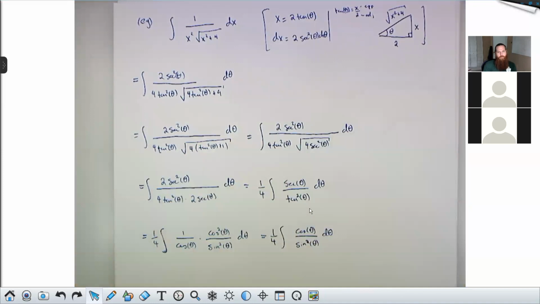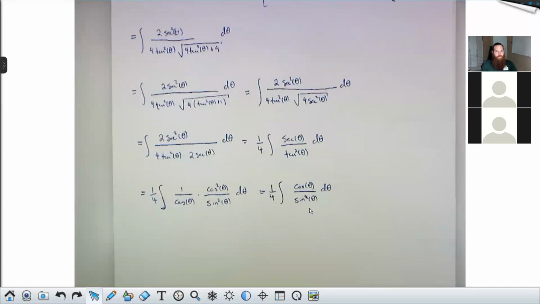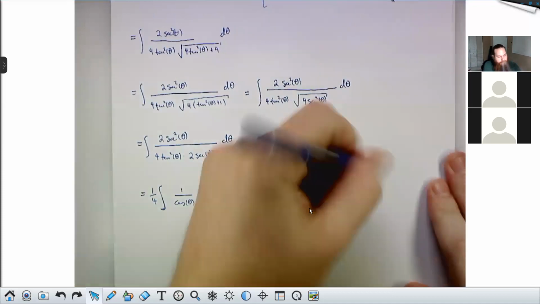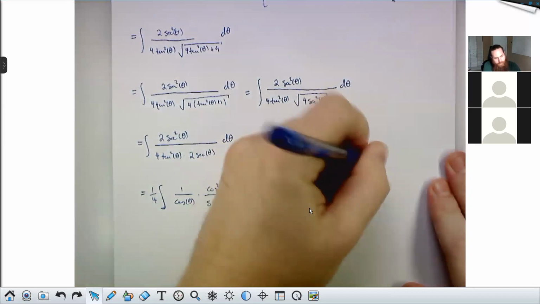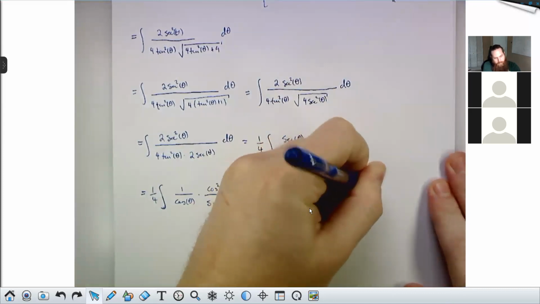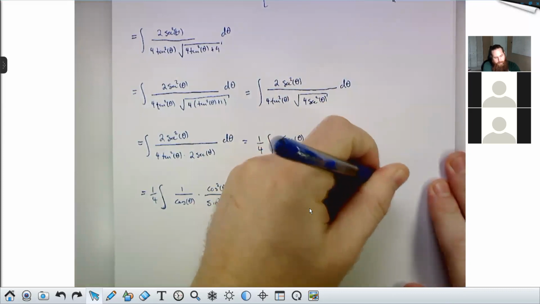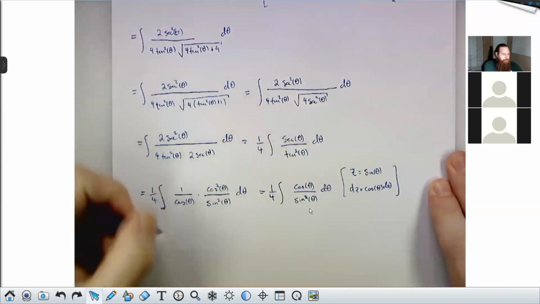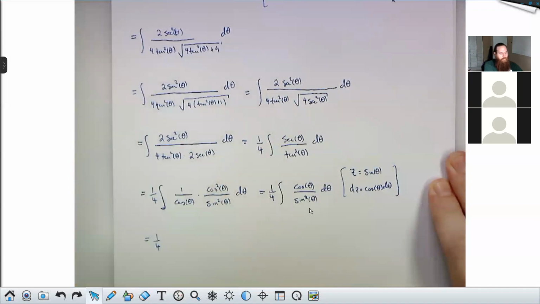And there's more than one way to finish it from here. Anybody see anything that could work? So at this stage, I could do a z sub for sine. cos theta d theta is dz.